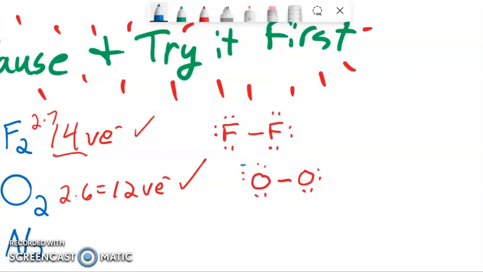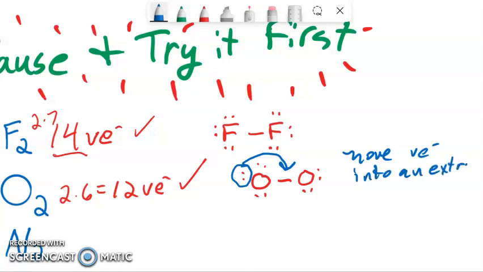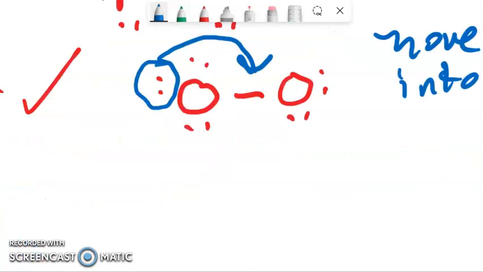And the way to do that is to move the valence electrons into an extra bond. So I'm going to draw this completely over to show you what I'm talking about.